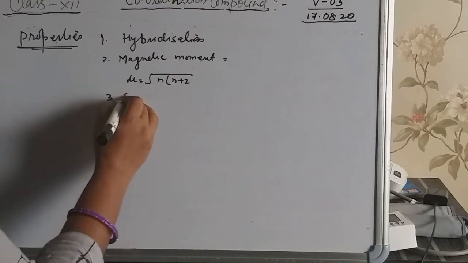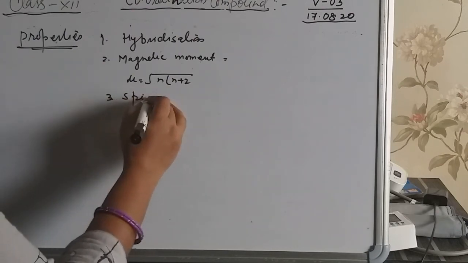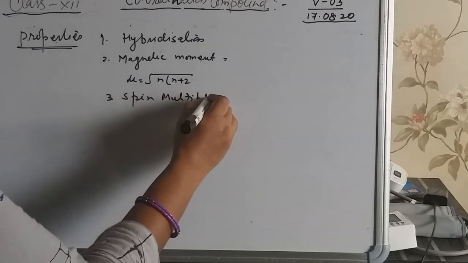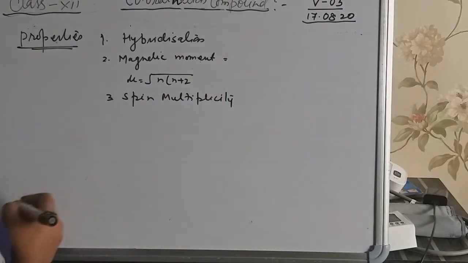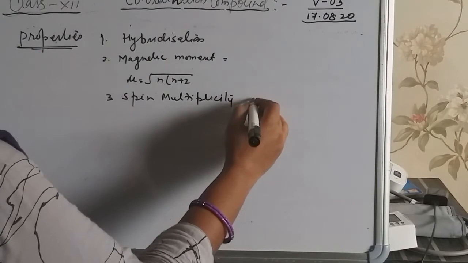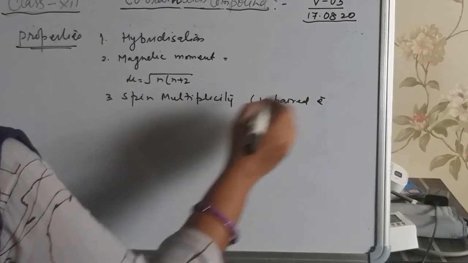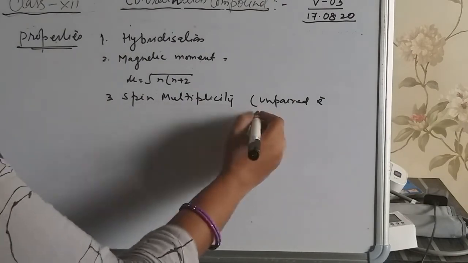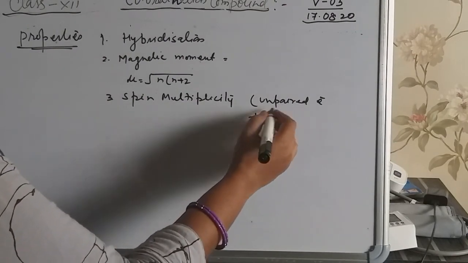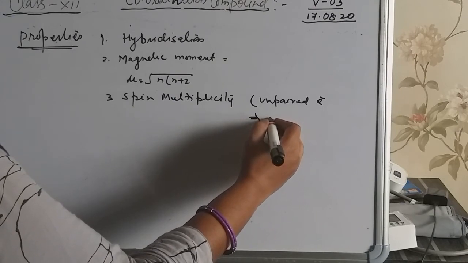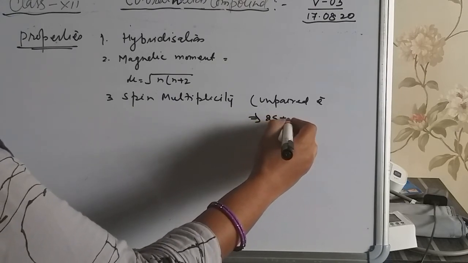Number 3, it gives the spin multiplicity. Spin multiplicity relates to unpaired electrons and it is given by the formula 2S plus 1, where S is the spin.